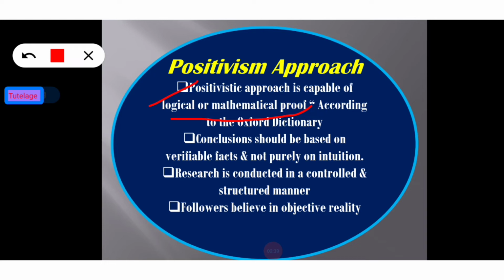Clear? Now the next thing: conclusions are always based on verifiable facts and not purely on intuition. The followers of positivism believe in objective reality, not the subjective, as verified by the data.